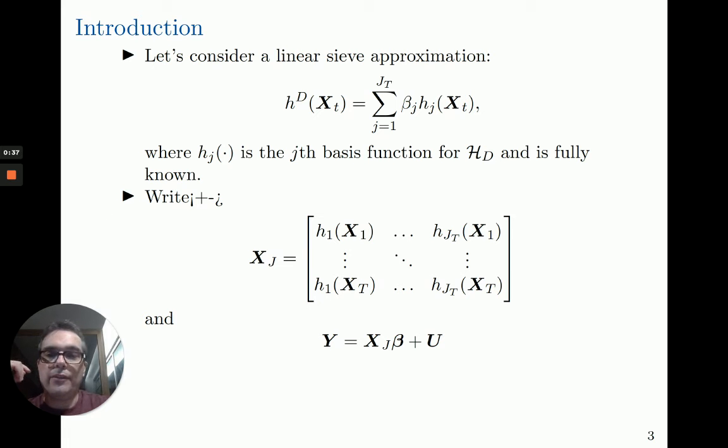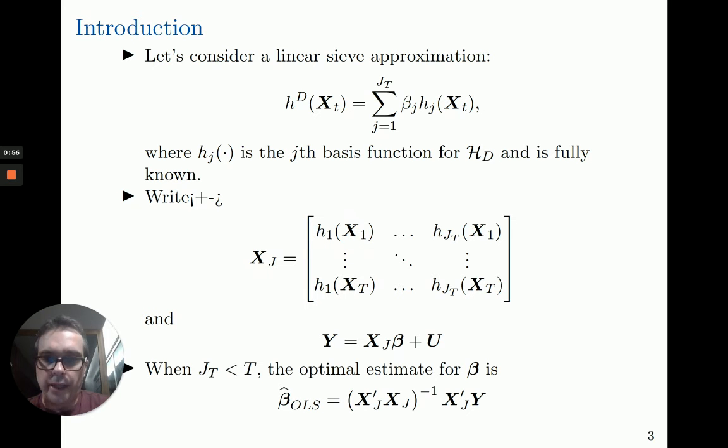We define the vector x by stacking my h functions, and we have a linear model where we can estimate this beta by OLS, for instance, if J is less than T. And the estimator is the one given on the slide.